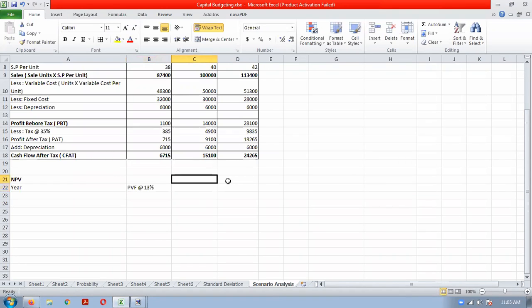The cases are pessimistic, most likely that is expected, and optimistic.